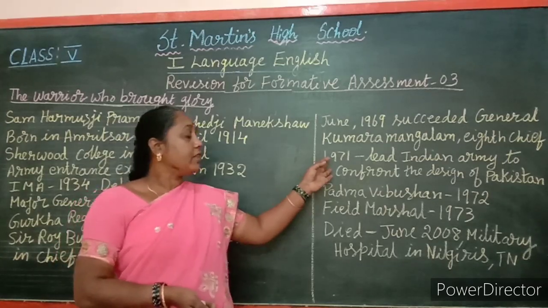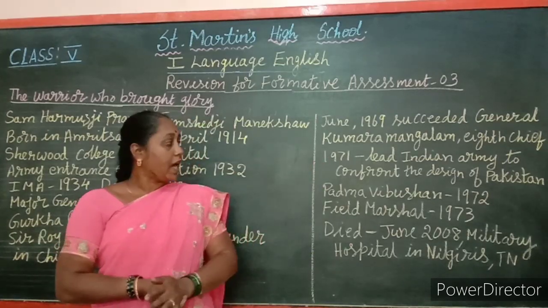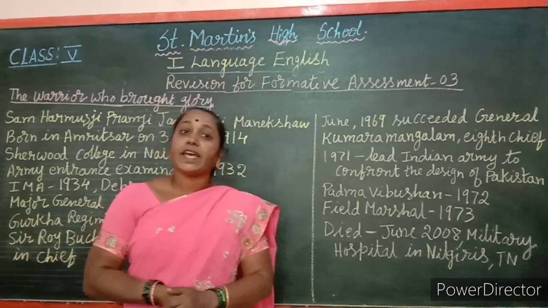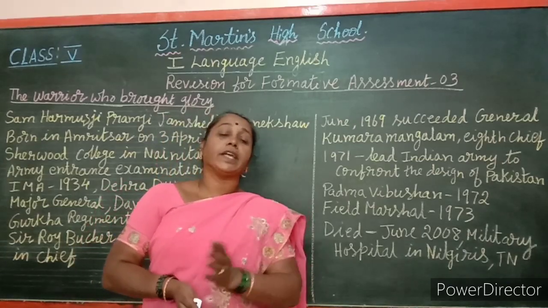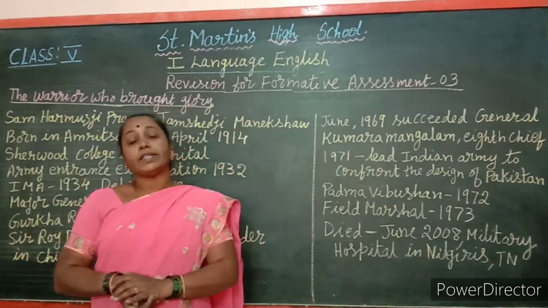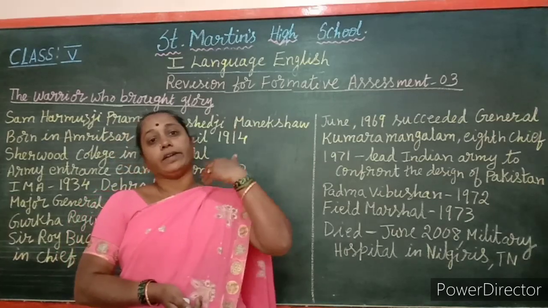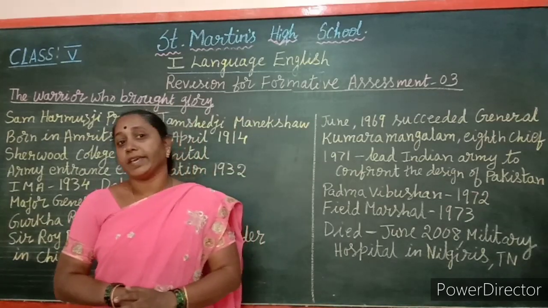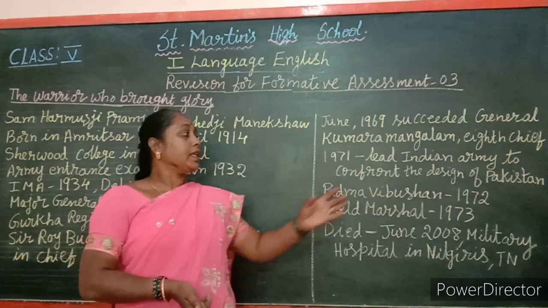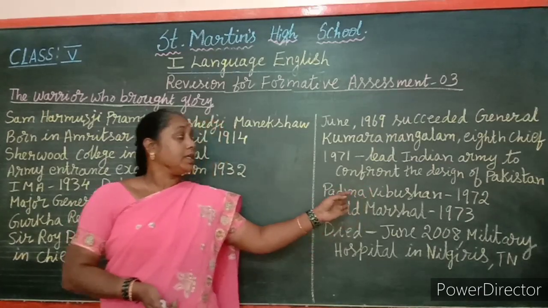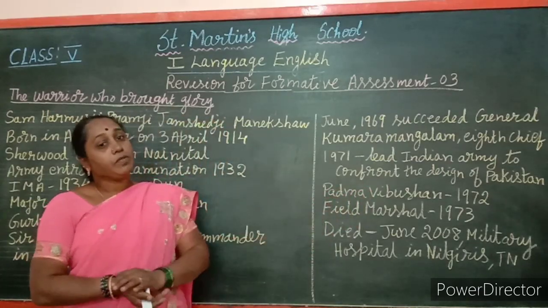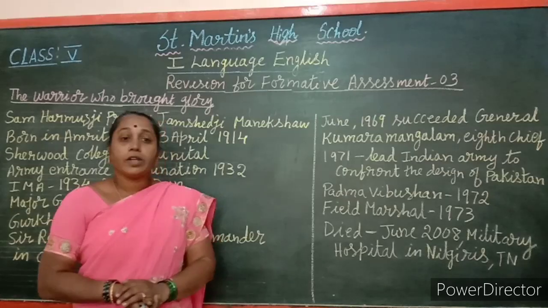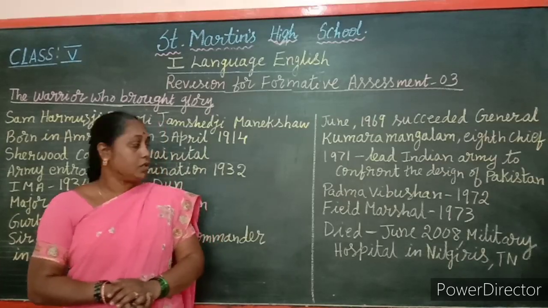In the year 1971, he led our Indian Army to confront the design of Pakistan. Pakistan tried to attack our country. At that time, he took the active part and he led the army against Pakistan. Then in the year 1972, he received the Padma Vibhushan Award for his service.